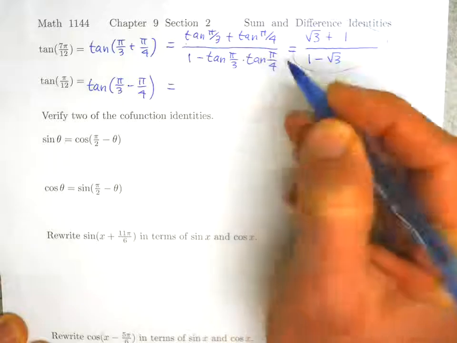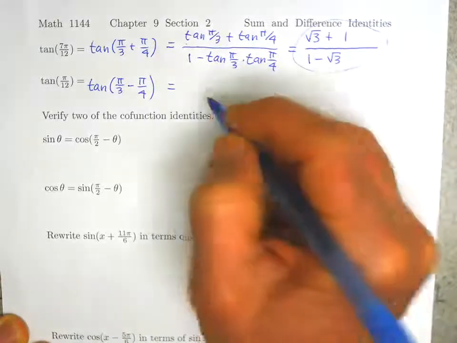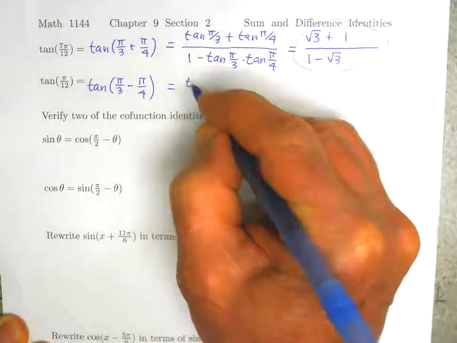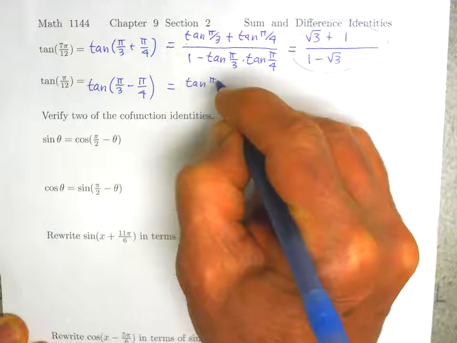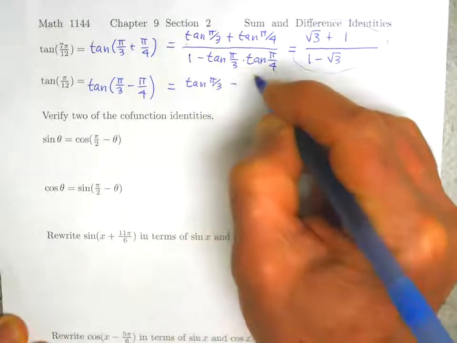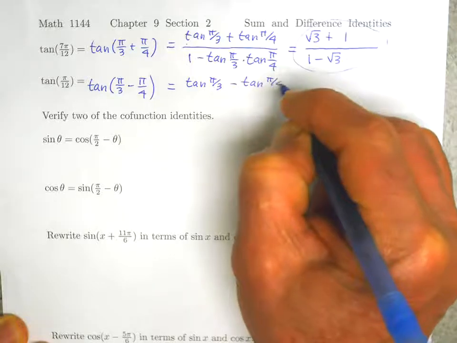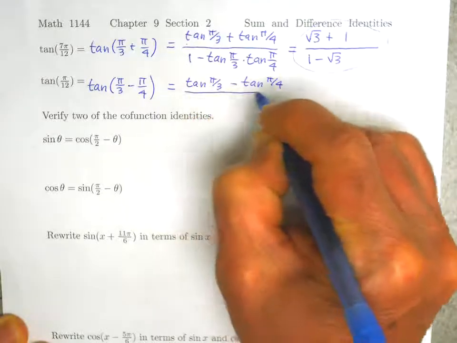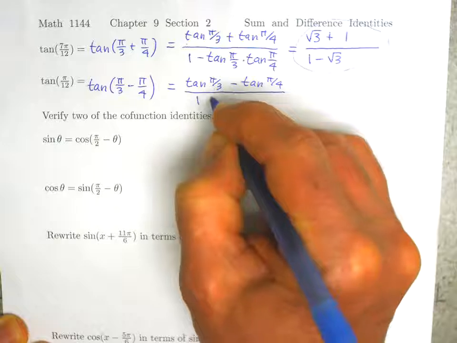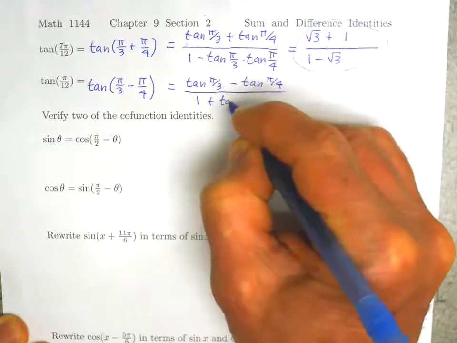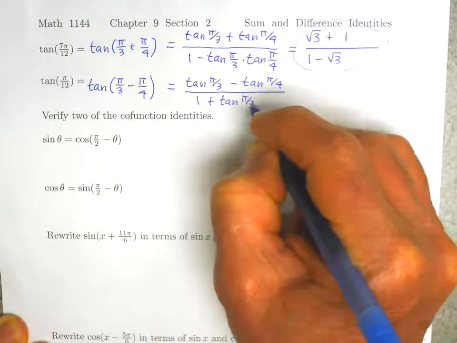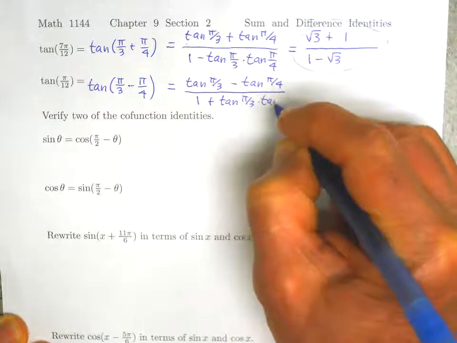Using the tangent difference formula, in the numerator, tangent of pi over 3 minus tangent of pi over 4. And in the denominator, we have 1 plus tangent of pi over 3 times tangent of pi over 4.